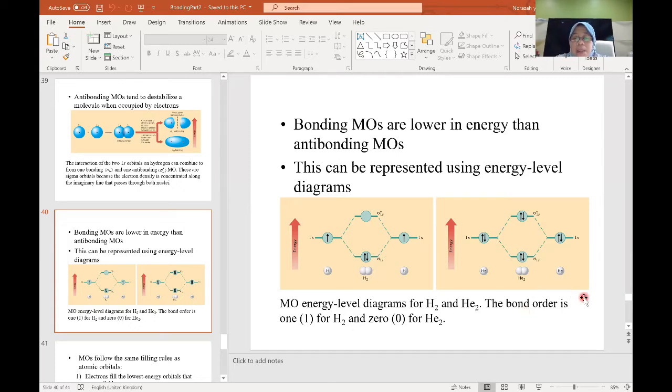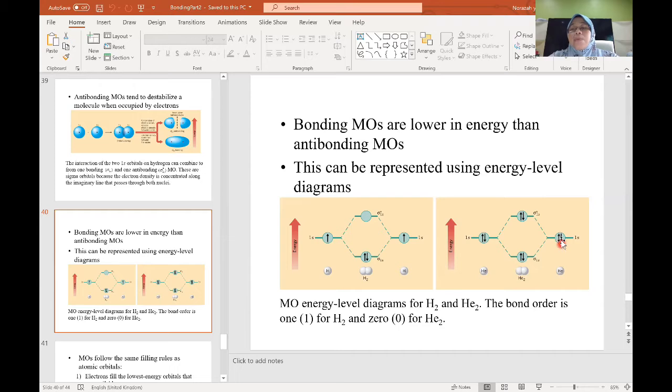Let's say we have another molecule, helium-2. Now, one helium contributes 2 electrons and another helium contributes 2 electrons, so there are 4 electrons now.